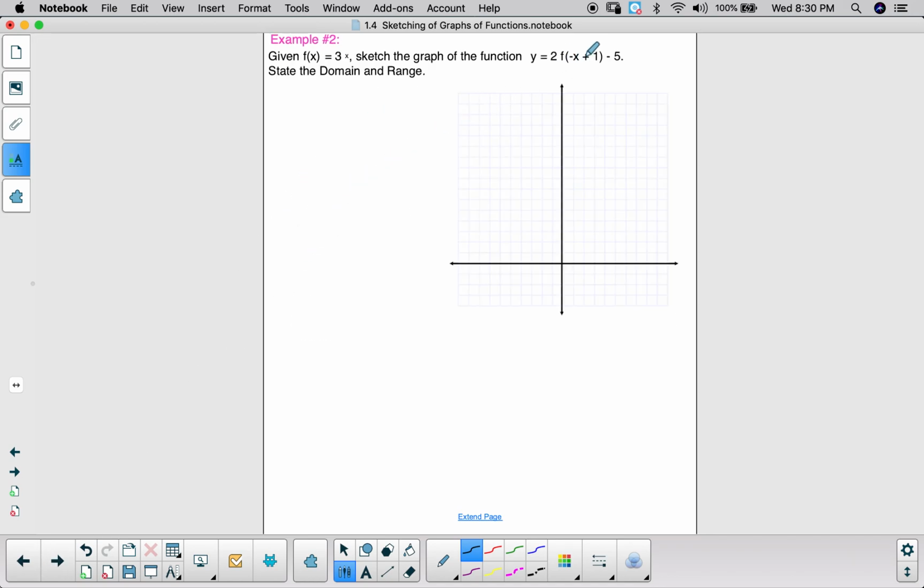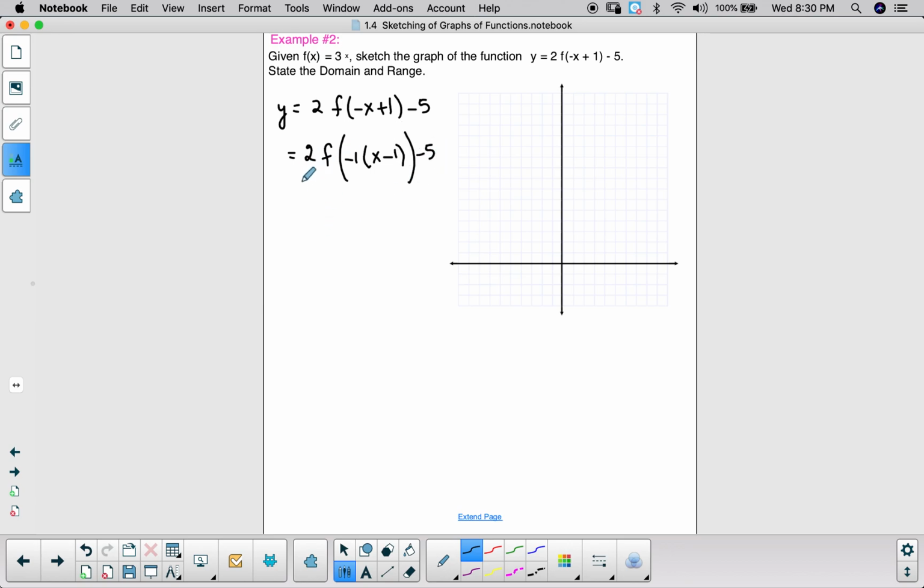the transformations that have happened here are not very clear unless you factor out the -1 here. So y equals 2 f of (-x plus 1) minus 5. You need to clearly see the k and the d value. So you need to factor out the -1 here, and into brackets goes x minus 1, minus 5.